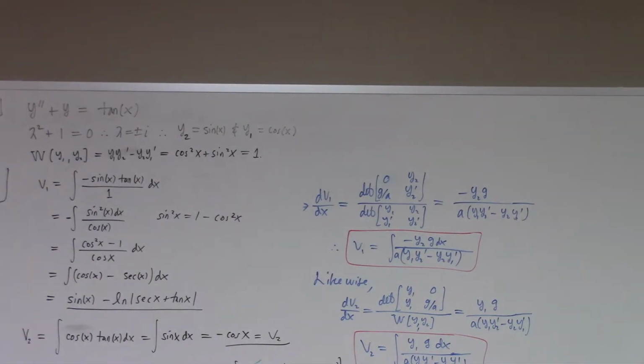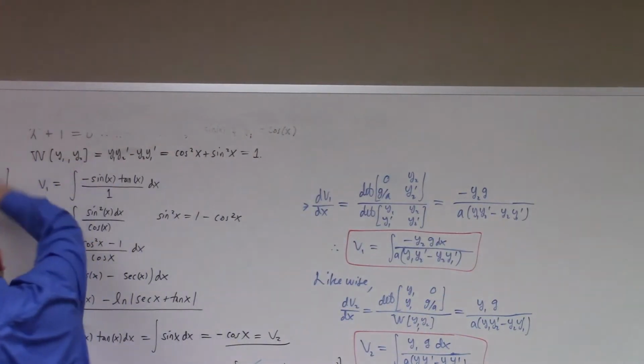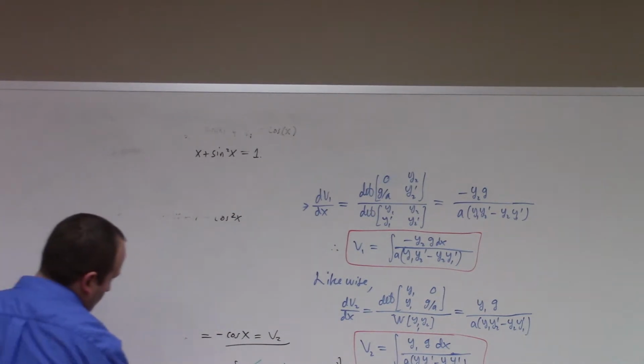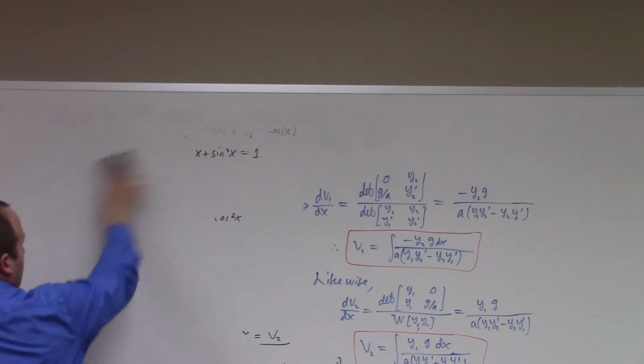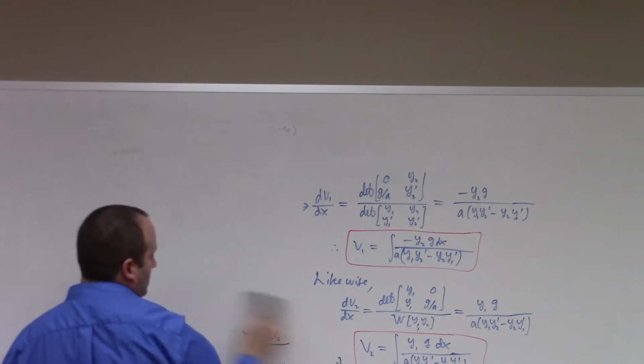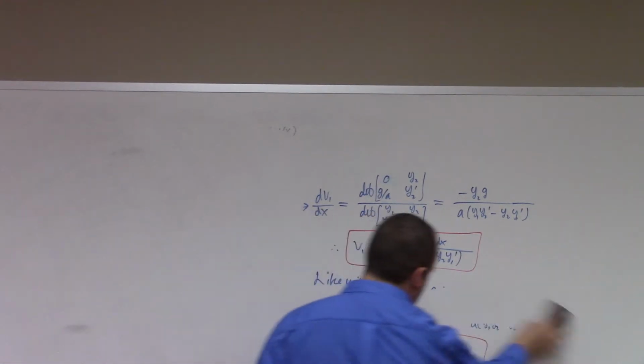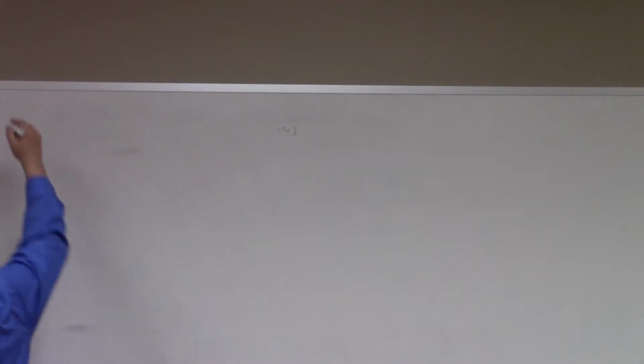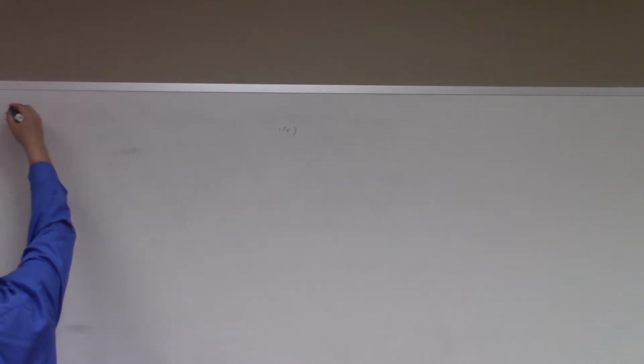So what we're going to do here is we're going to solve the Cauchy Euler problem, then we're going to take a break. Sound good? All right. So let's see here.